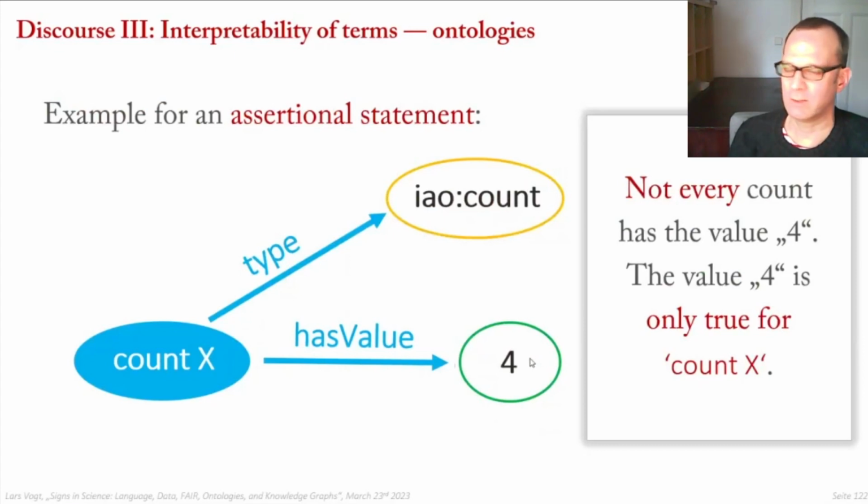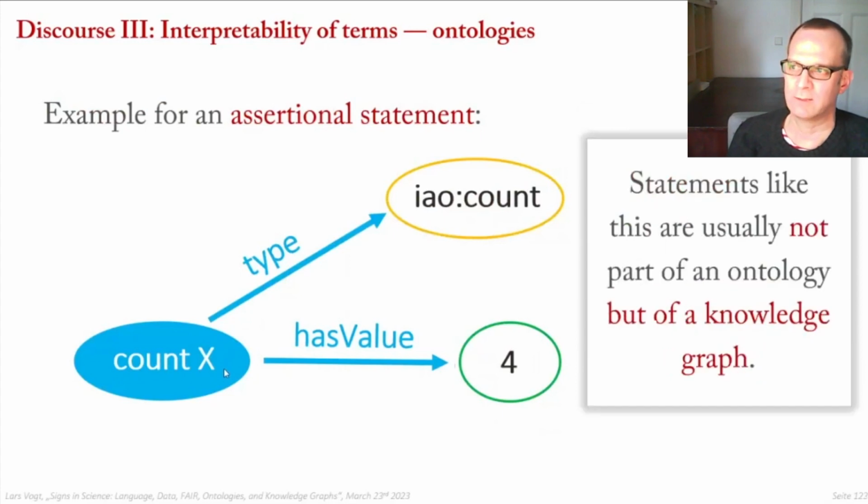When I count, I not always end up with 4. So the value 4 is only true for this count X. I cannot generalize it. So this statement cannot be part of an ontology where I define the class count and all its instances. So it could be part of a knowledge graph, but not of an ontology, this statement here.